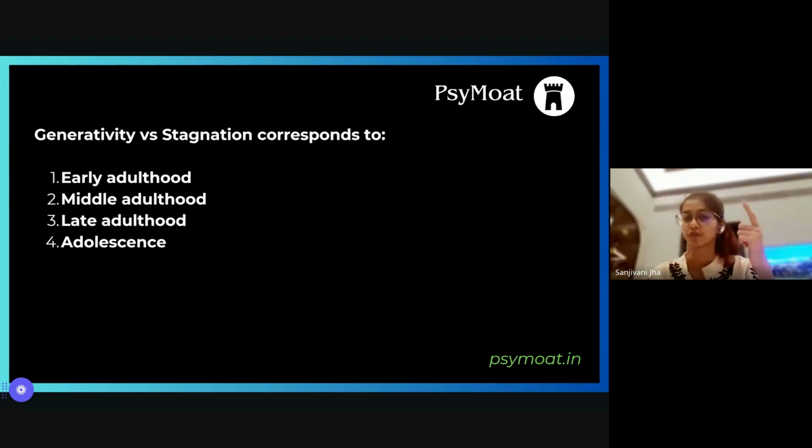If in middle adulthood a person gets into stagnation, is stuck and not going forward, not generating for the generations ahead, in late adulthood they might feel despair because of the inability to do so. This is how you can conceptually form it so that you do not get confused in the exam.